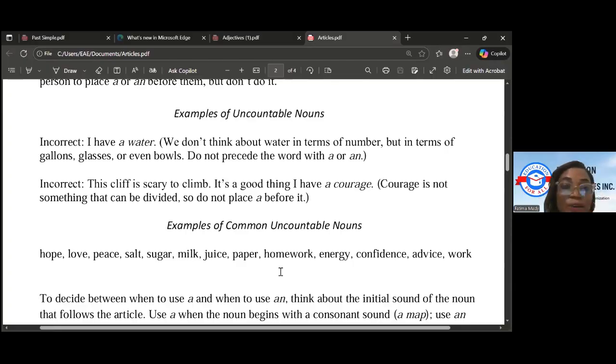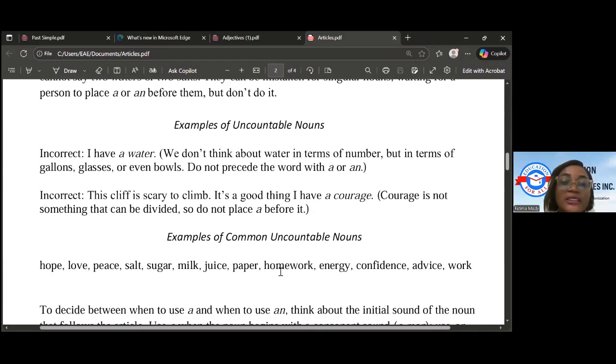Okay. Now we have uncountable nouns. So what is an uncountable noun? An uncountable noun is a noun that we cannot count in its natural state. For example, we cannot count them with definite articles.